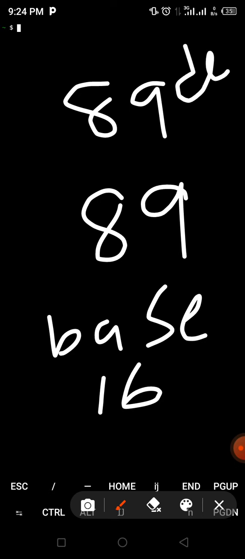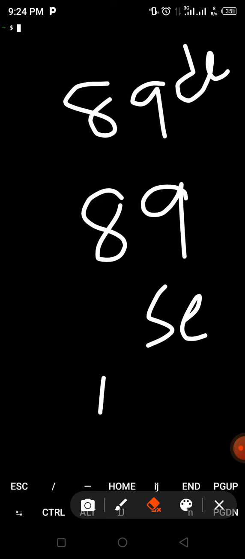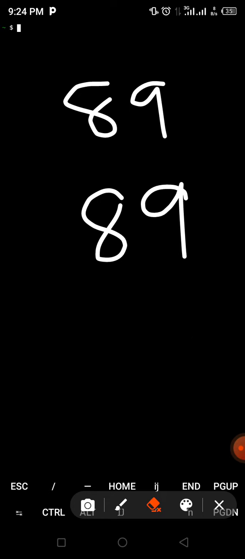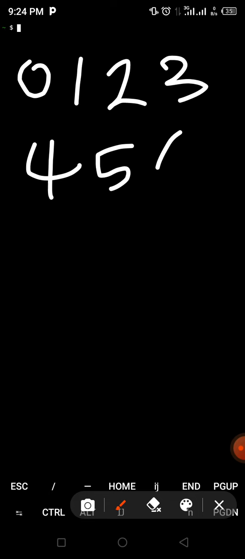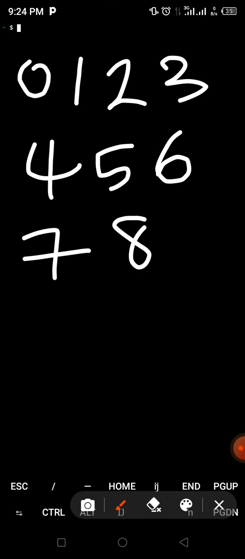Now, both of them have this value of 8 and 9 because if we want to be counting using base 10, we are going to see that in base 10 we have 0, 1, 2, 3, 4, 5, 6, 7, 8, 9, but we don't have 10. So that is in base 10. You see, we still have 8 and 9 in base 10. Now let's check base 16.